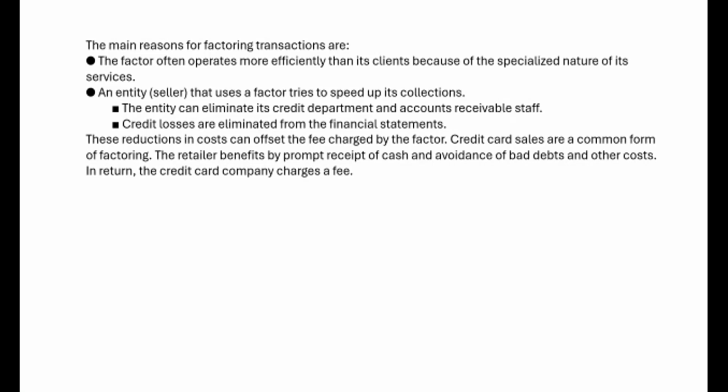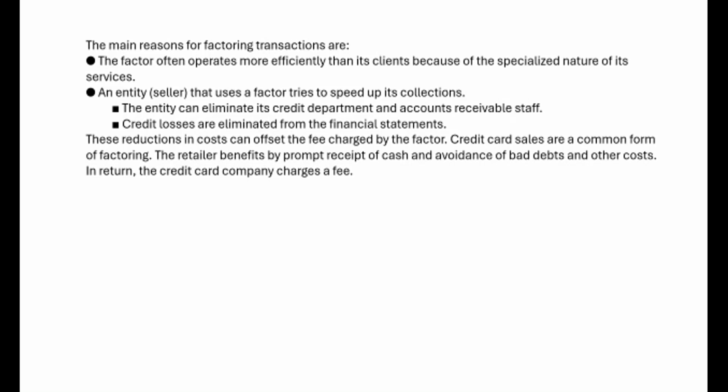An entity, or the seller, that uses the factor tries to speed up its collections. The entity can eliminate its credit department and accounts receivable staff. Credit losses are eliminated from the financial statements. These reductions in cost can offset the fee charged by the factor.